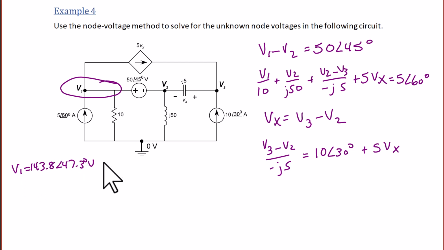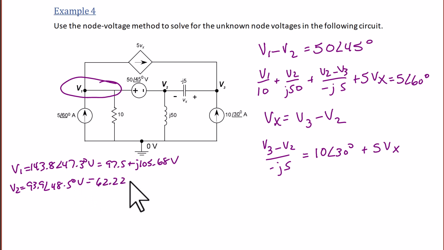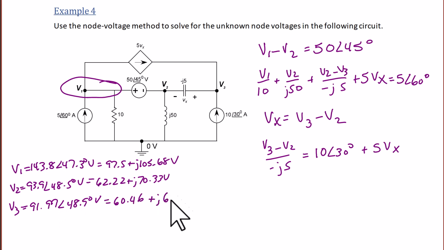to 143.8 with an angle of 47.3 degrees, or 97.5 plus j105.68 volts. V2 is equal to 93.9 with an angle of 48.5 degrees, which is equal to 62.22 plus j70.33 volts. And V3 is equal to 91.97 with an angle of 48.9 degrees, which equals 60.46 plus j69.31 volts.